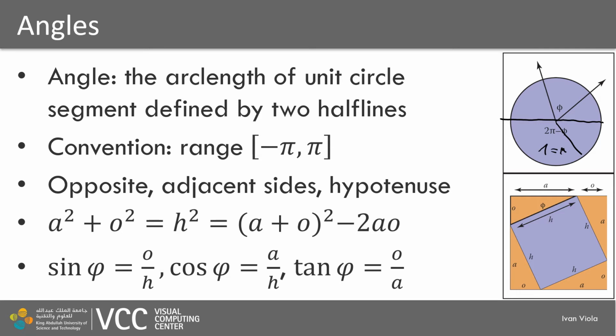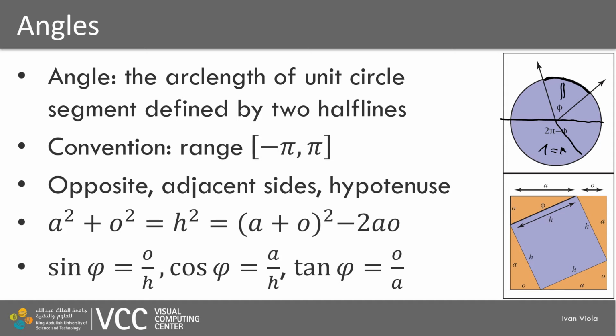And this is a unit circle, and the angle, let's say the angle phi which we have here, phi is equal to the length of this arc here, in radians.